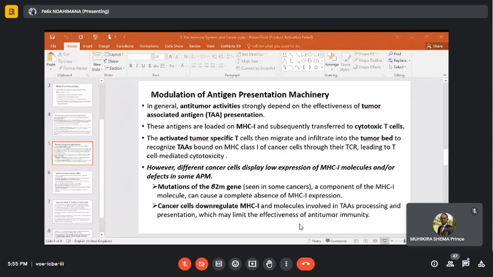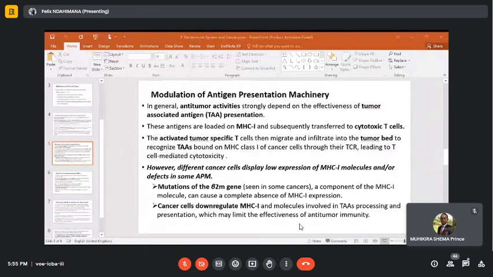This is normally what happens. The cancer cells are presented to cytotoxic T cells, which have infiltrated there, and then cytotoxic T cells will try to remove them from the circulation. This is what should happen.